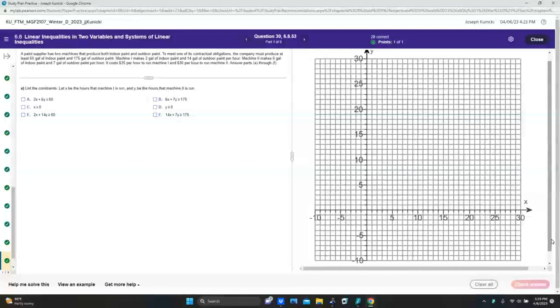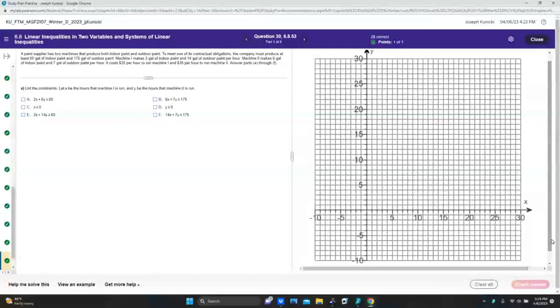All right, to meet its contractual obligations, the company must produce at least 60 gallons of indoor paint. So we got 2 different kinds of paint, indoor and outdoor. Indoor has to be greater than or equal to 60, and outdoor has to be greater than or equal to 175.